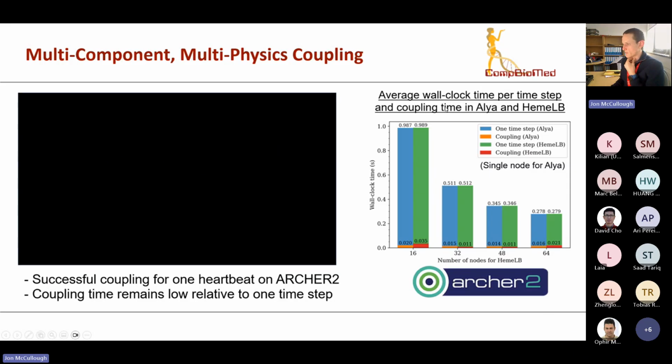And so we have some performance figures on the HemeLB node. So ALIA was able to run on a single node, but HemeLB, being a much larger simulation, was being run on multiple nodes. And we have some comparisons of the actual running of the time step and the actual coupling within them. So the actual coupling approach was very low. So in terms of coupling, there wasn't much overhead to get this information being passed between the two domains.